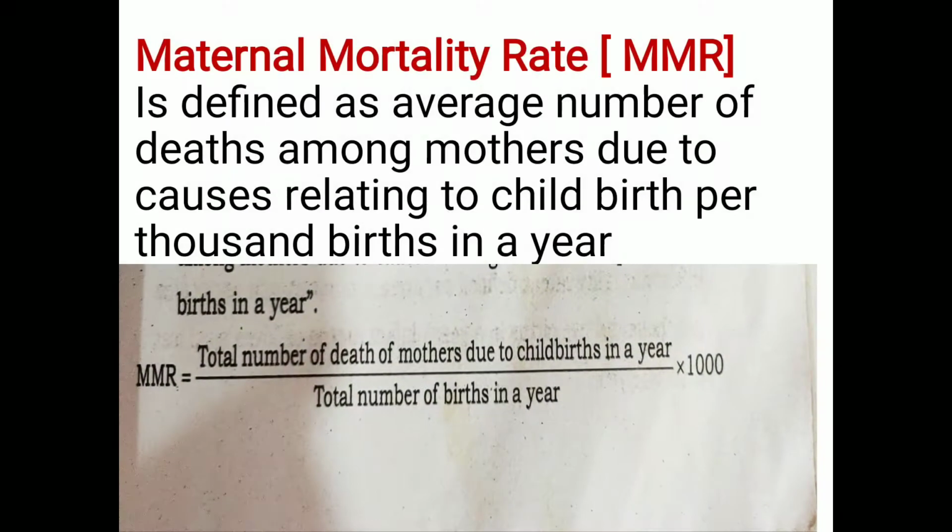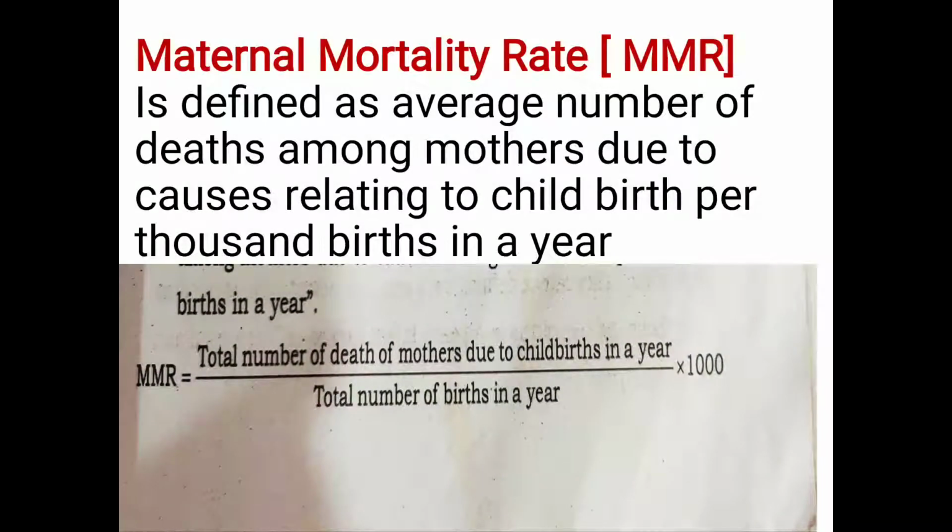Next we will move on to the maternal mortality rate. Maternal mortality rate is defined as the average number of deaths among mothers due to causes relating to childbirth per thousand births in a year.